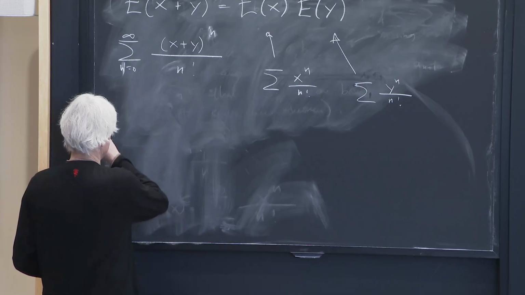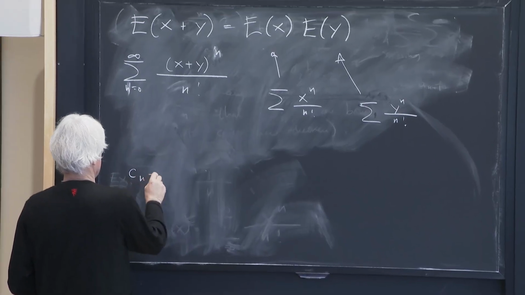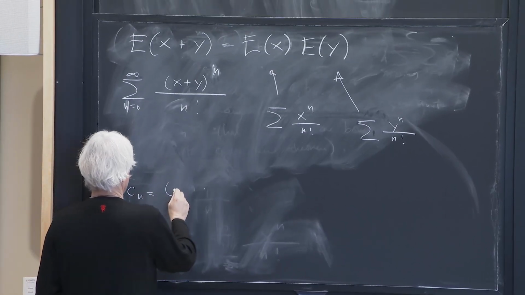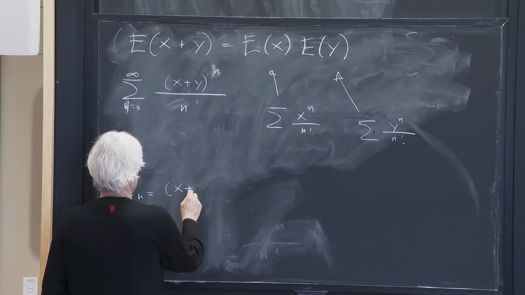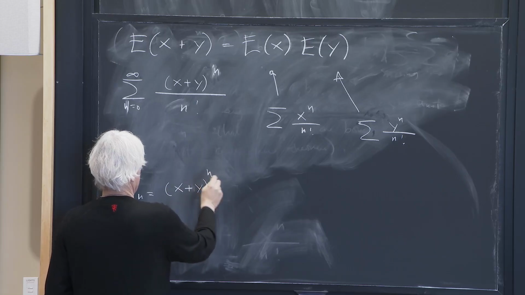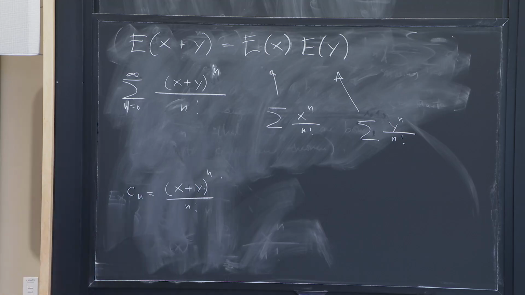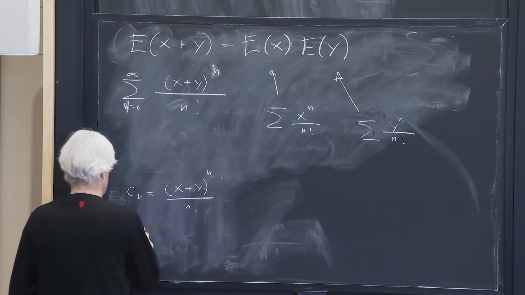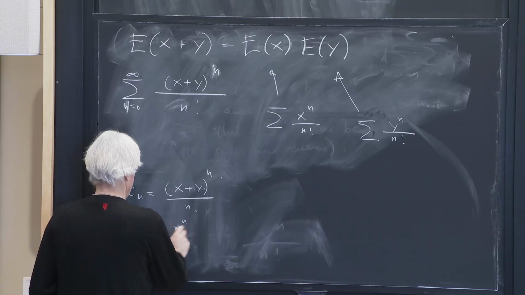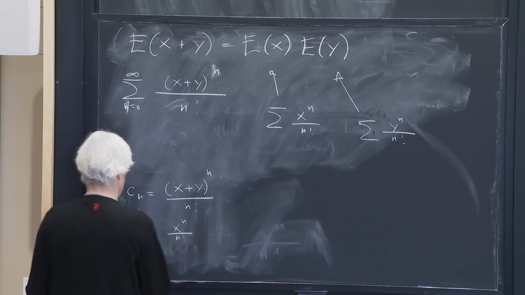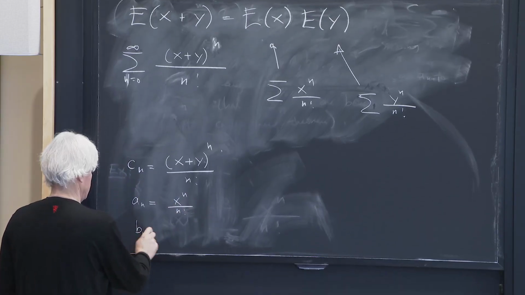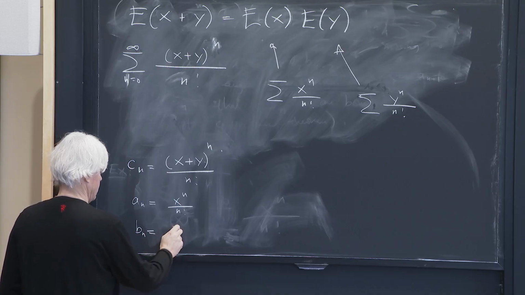Now, if I want Cn, the idea is that I'm writing Cn as (x plus y) to the power n over n factorial. Suppose I write Cn like this, and I write An as x^n over n factorial, and I write Bn as y^n over n factorial.